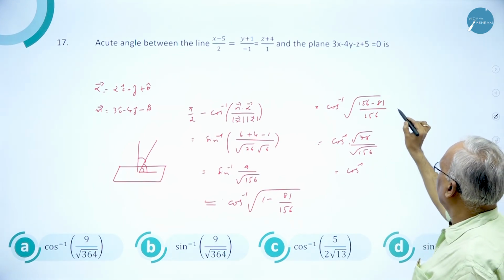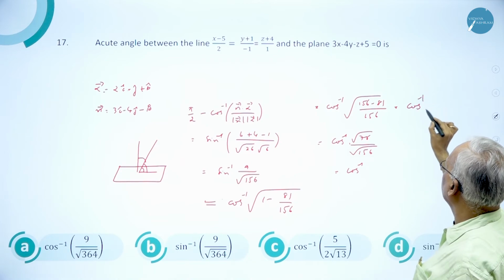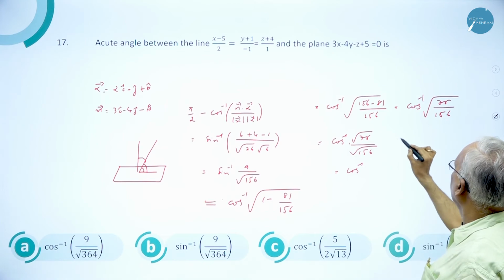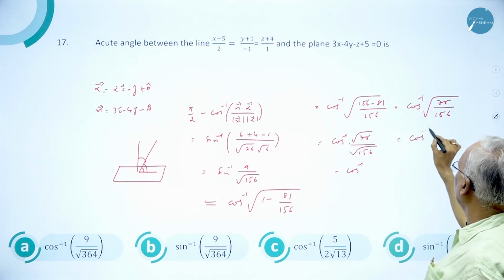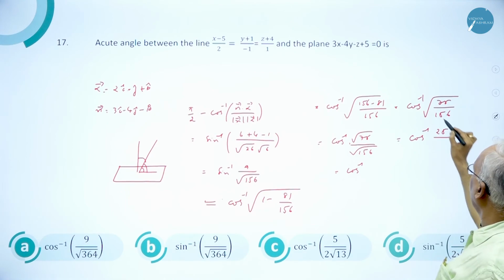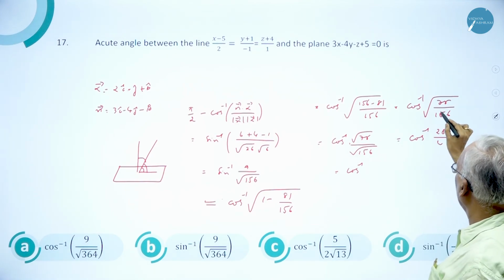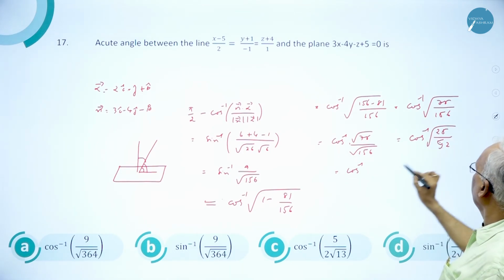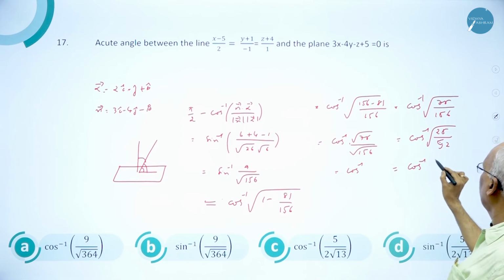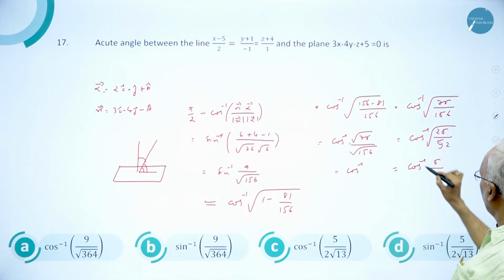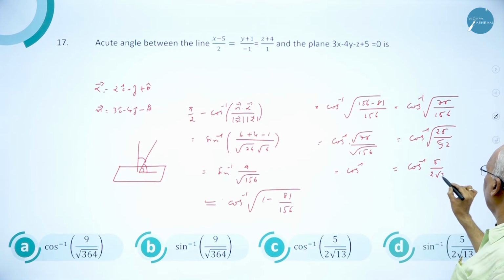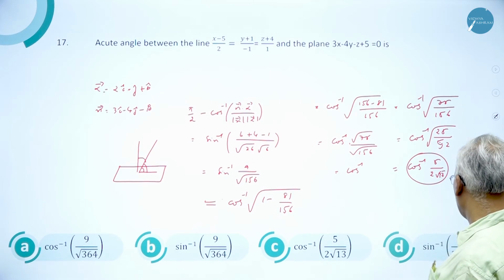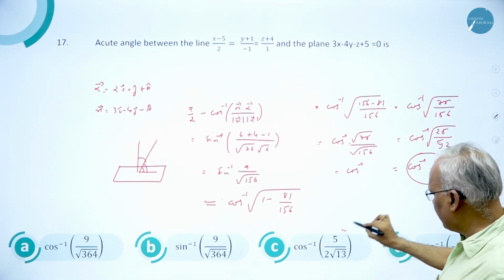Cos inverse of square root of 75 divided by 156, both are divisible by 3, so it is cos inverse of 25 divided by 52, square root of this, which is equal to cos inverse of 5 divided by root 4 is 2 into root 13. So cos inverse of 5 by 2 root 13, this is the answer.